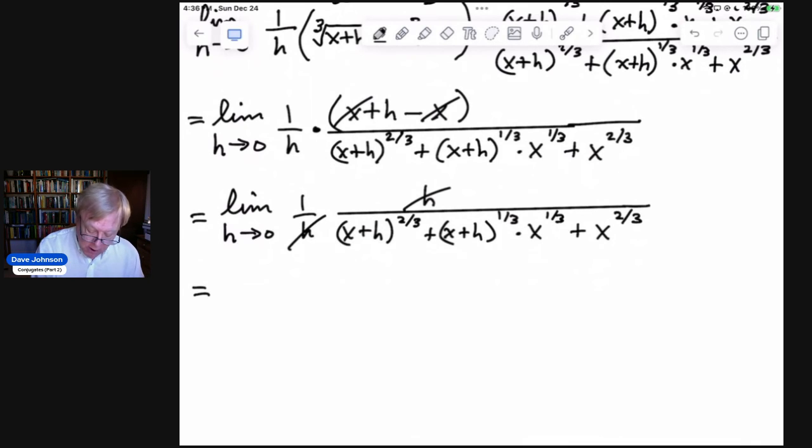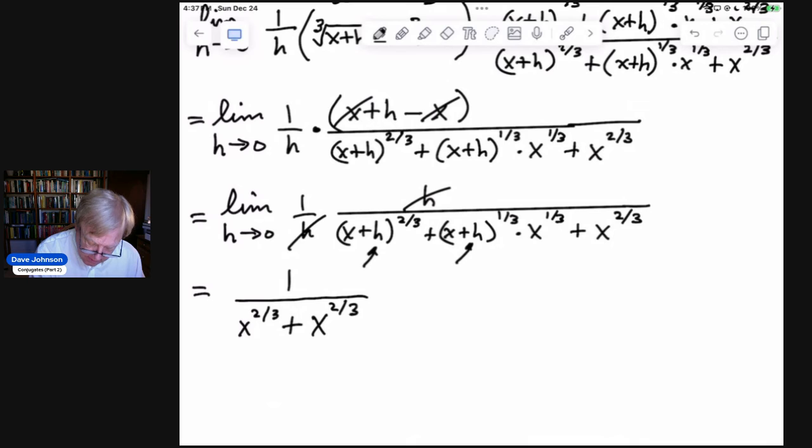And a very nice thing happens now. So if h is 0 downstairs, well, those are zeros. So you get x to the 2/3. So let me write that. So 1 over x to the 2/3 plus x to the 1/3 times x to the 1/3, which is x to the 2/3, plus x to the 2/3.